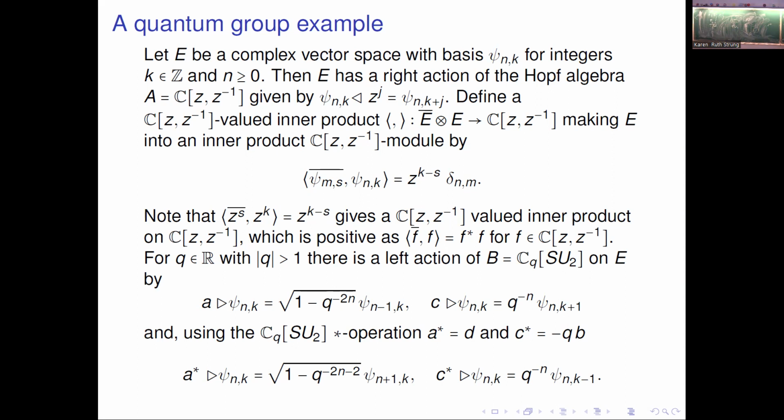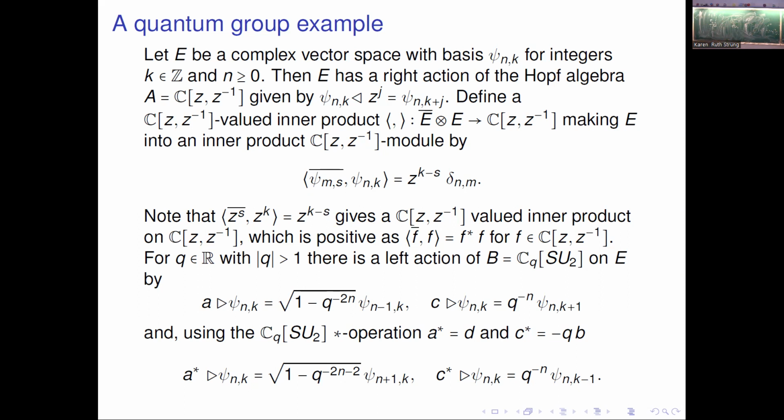Now, if I've got two functions, f and g, on the circle, then I can define their inner product just to be the complex conjugate of f times g. And if I apply that to f, then I just get norm f squared, and that's certainly positive valued.